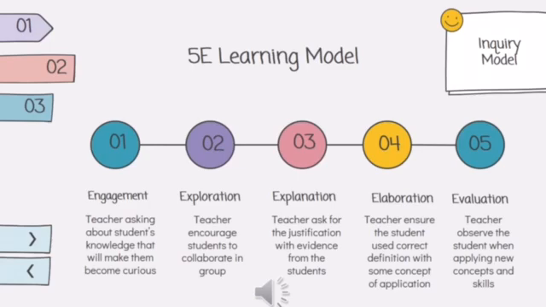The fourth step is elaboration. The teacher ensures the students use correct definitions with some concept of application. This shows students will apply definitions, explanations, and skills in new situations that are similar.